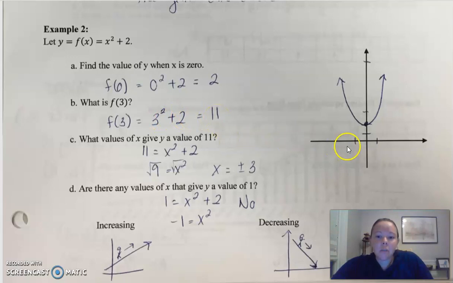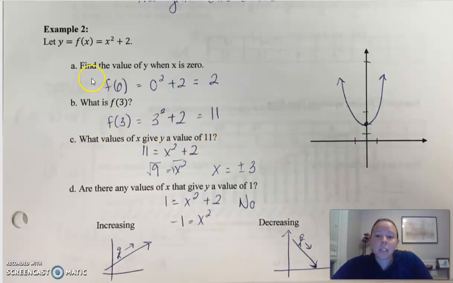And you can see that over here on the graph. So when x is 0, y is 2. When x is 3, so come out here 1, 2, 3, you're going to have a much bigger y value at 11. So obviously I graphed our parabola over here. Shifted up 2, and then it's just a nice parabola. All right, now see what values of x give y a value of 11.